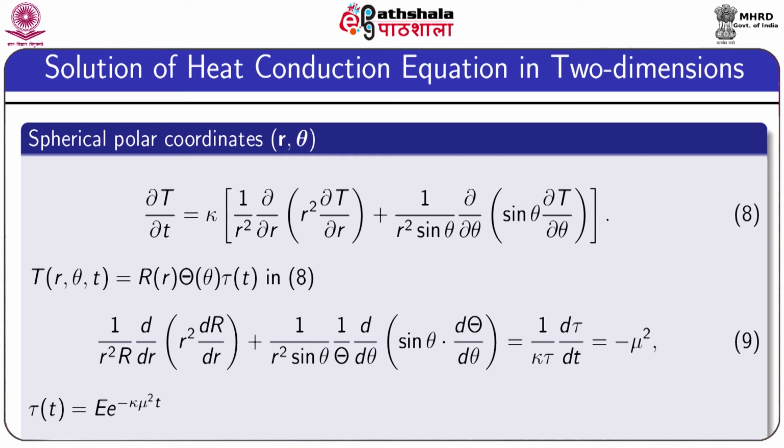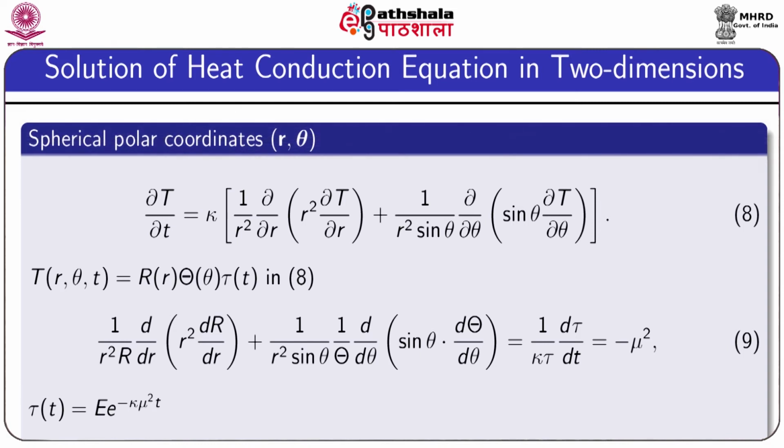The equation in the spherical polar coordinate system is written in equation number 8. Now we are using the same procedure. That means we write the variable capital T as a product of capital R, capital Θ and τ, and we substitute T in equation 8 to obtain equation 9.